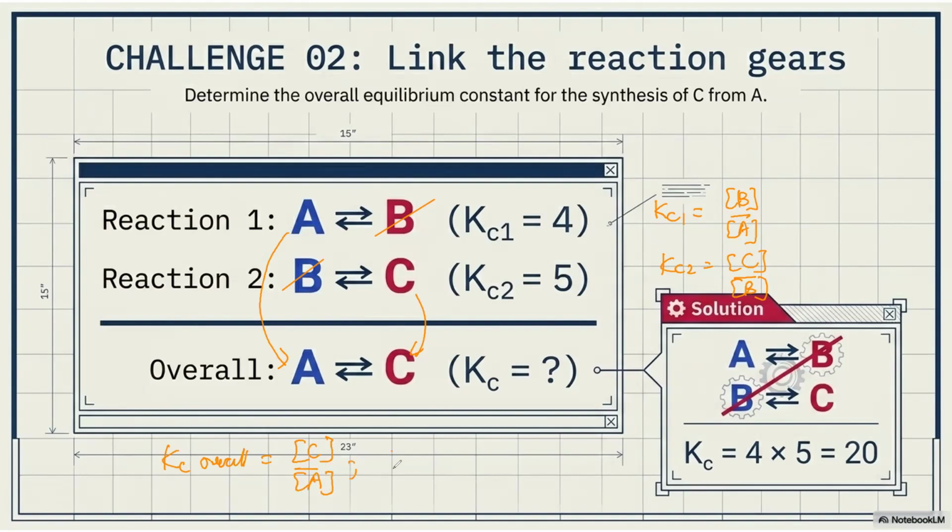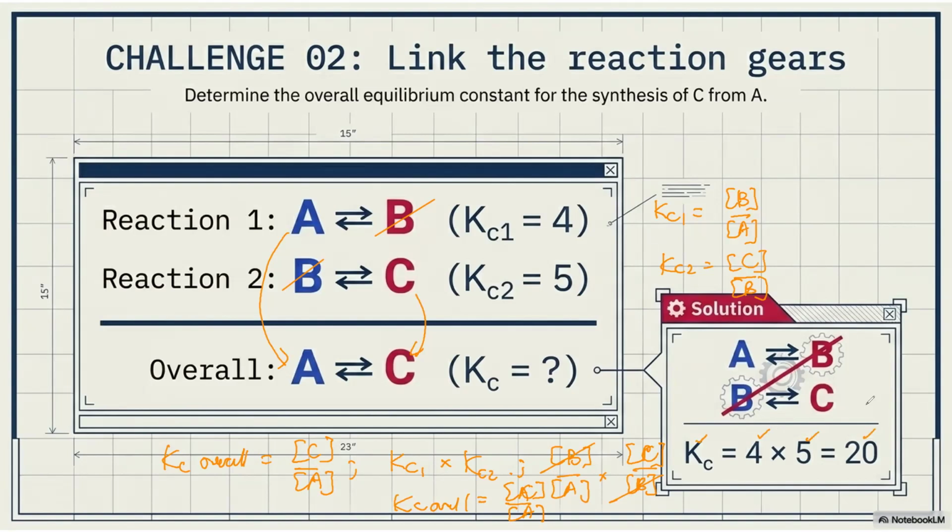So you apply Kc1 times Kc2. You get the concentration of B over the concentration of A, multiplied by the concentration of C over the concentration of B. You cancel B and B, and you get Kc overall is equal to C over A. This is where Kc is equal to Kc1 times Kc2, so that's why it becomes 20 here.